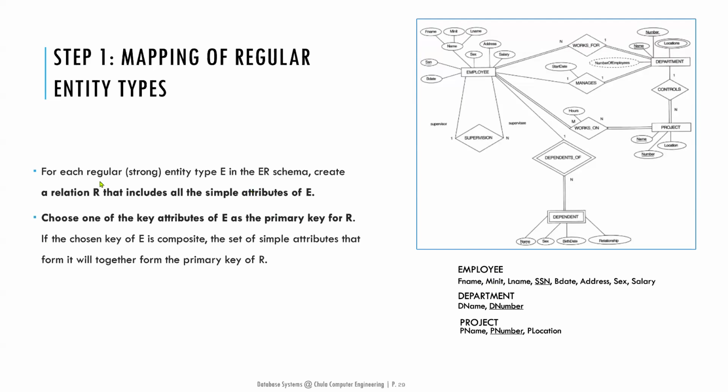For each regular strong entity type E in the ER schema, create a relation R that includes all simple attributes of E. The key word here is simple attributes.